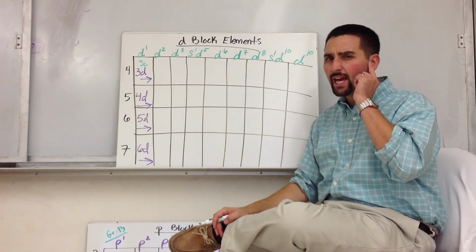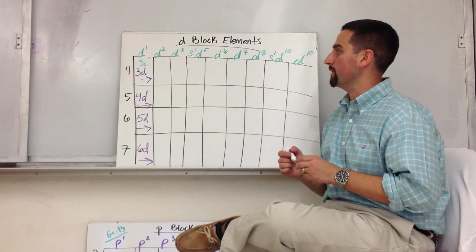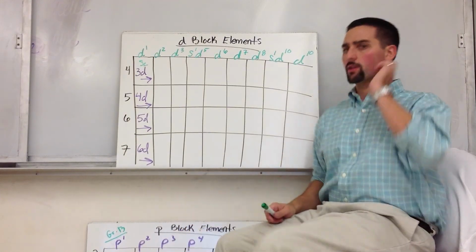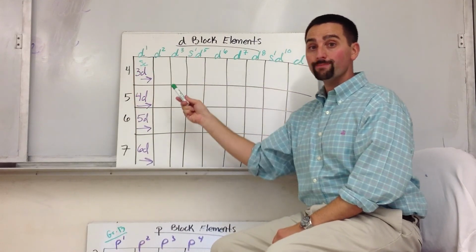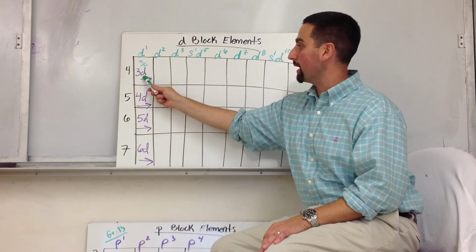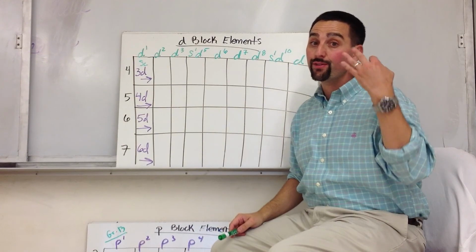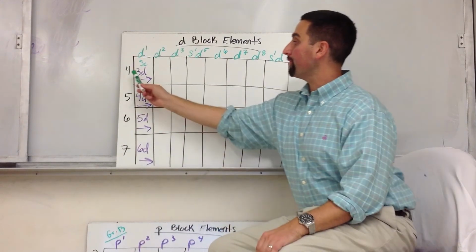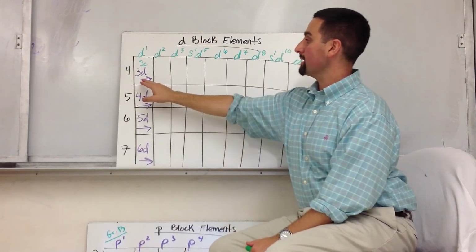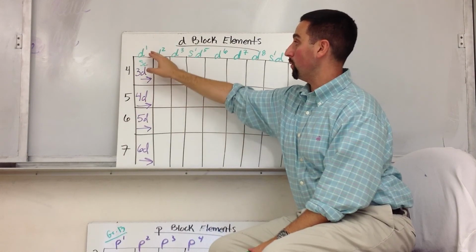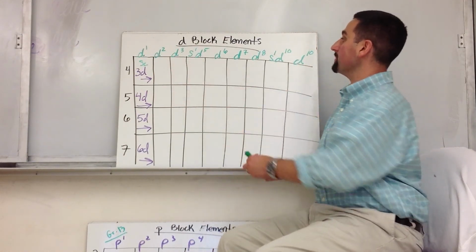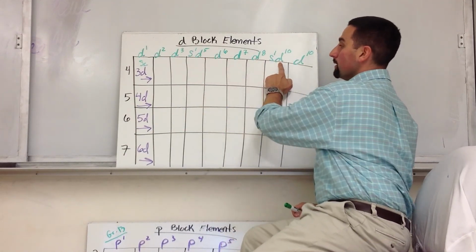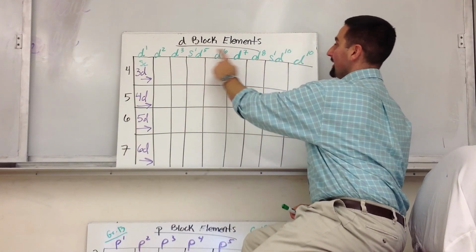Now notice something tricky happens here. Even though we're on the 4th row of the table, remember that the d subshells start in the 3rd shell. So in the 4th row, these elements end in 3d1, 3d2, 3d3, and then something happens here and here. Notice there's no d4 and there's no d9.